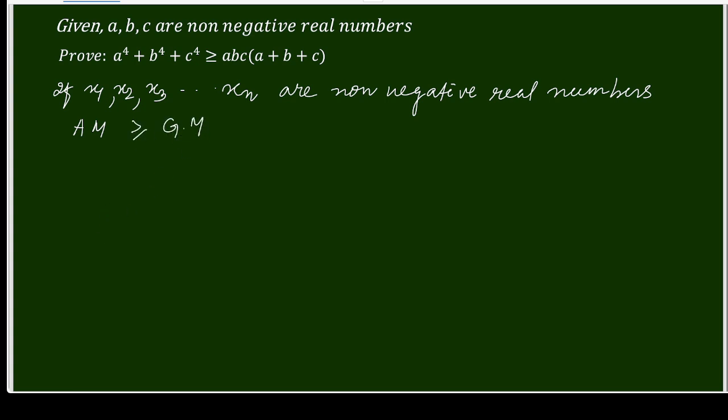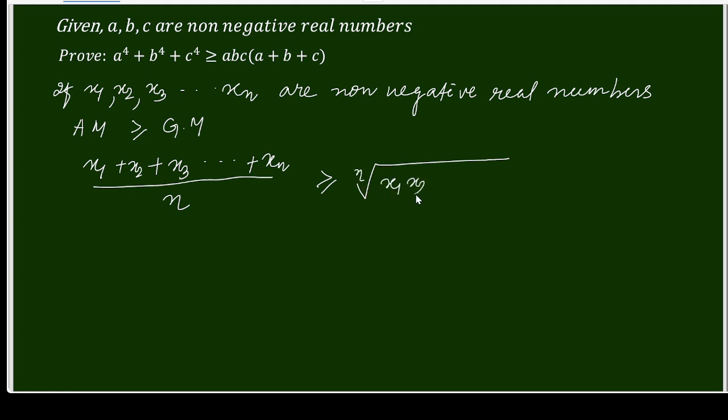So the arithmetic mean of these n numbers is (x1 + x2 + x3 + ... + xn) divided by n, which is greater than or equal to their geometric mean, the nth root of x1 x2 x3 ... xn.